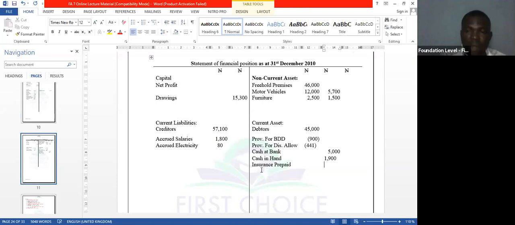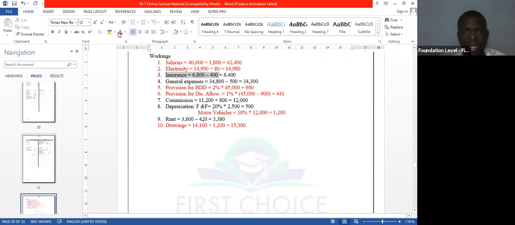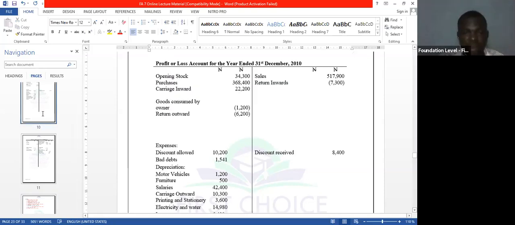The next one that we have is general expenses. Yes, there's additional information on general expenses. The additional information is prepaid. We look at additional information 3. The same thing that applies to insurance applies to general expenses. We come back to our expenses, so the general expenses.